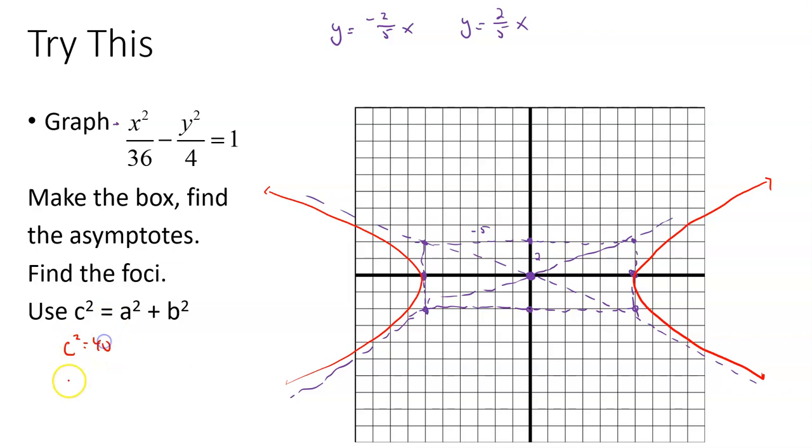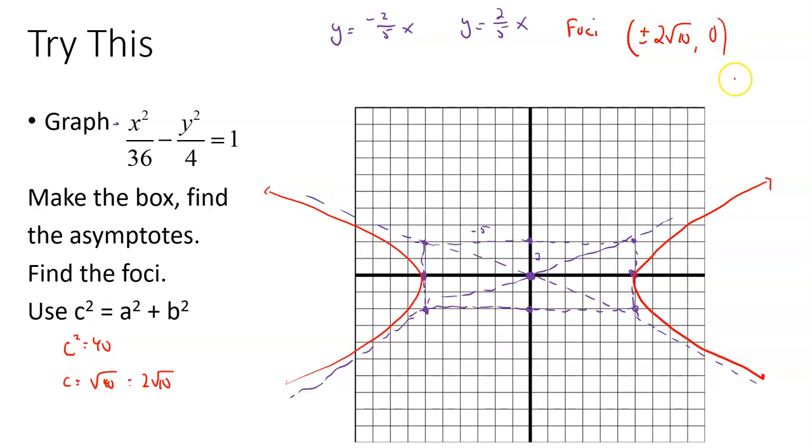So if c squared is 40, c is the square root of 40, which can be represented as 2 square root of 10. So it's got to be inside there. If we start at 0, 0, we're going to go 2 square root of 10 to the right, and also to the left, nothing up and down.